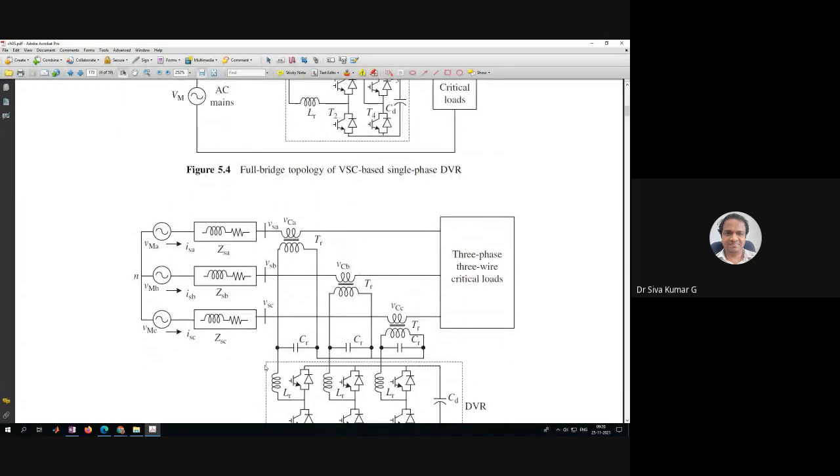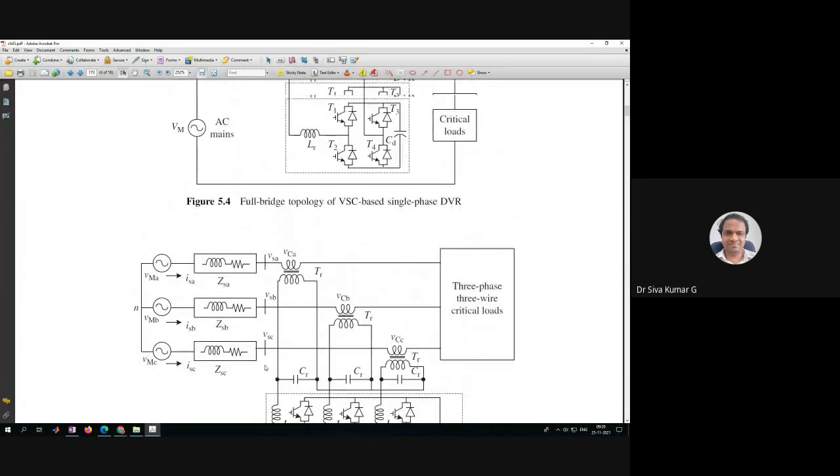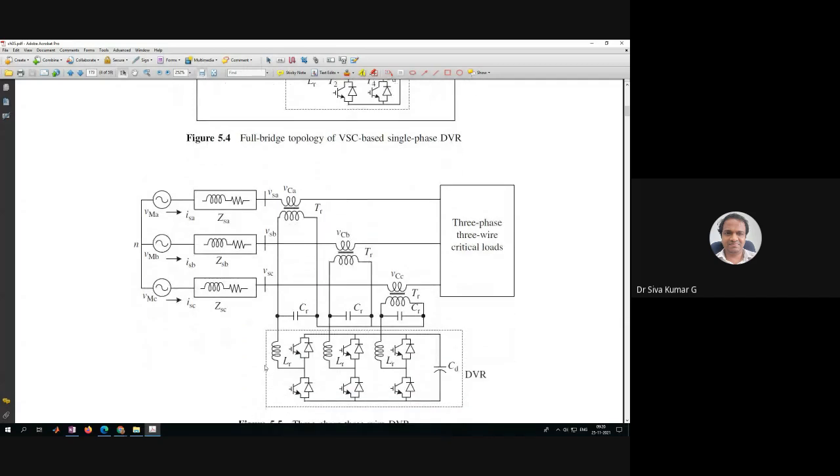And wherever the capacitor has been used, the control logic they develop is to charge the capacitor from the source itself.